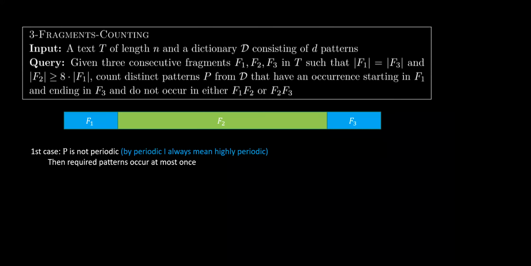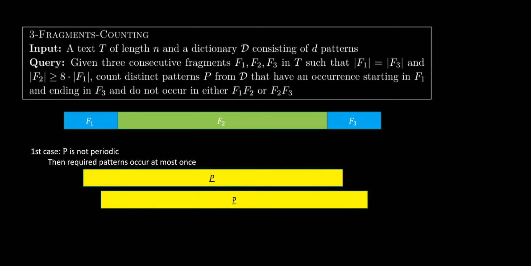All right, so we divide, as always, into two cases. The first is where the pattern is not periodic, and by periodic I always mean highly periodic, so it's longer than 4 occurrences of periods. Then we can deduce that the required patterns occur at most once, because otherwise P would be periodic. Why? Because the overlap is too great.